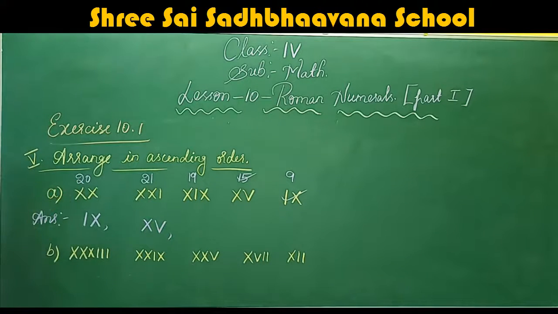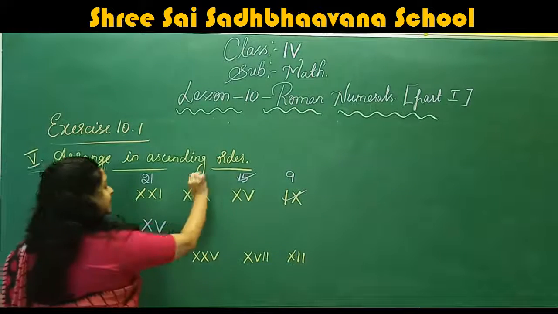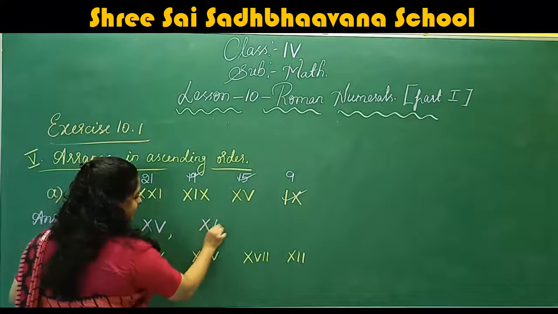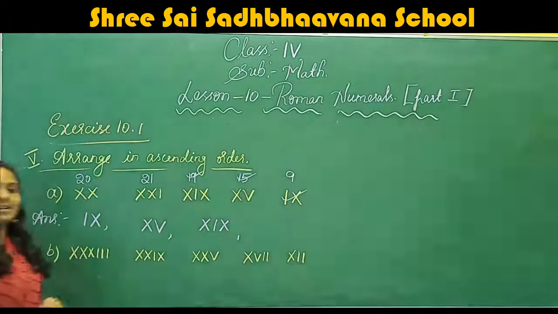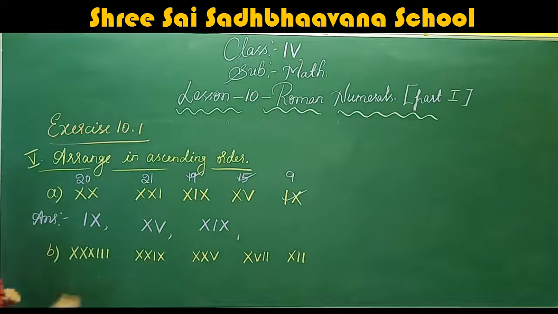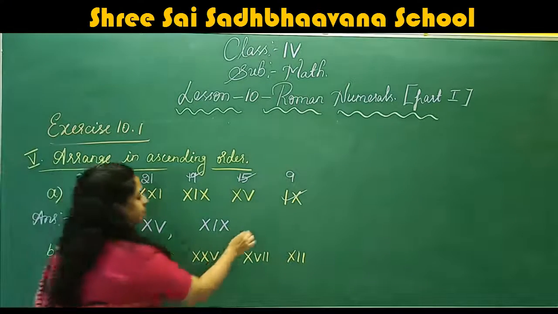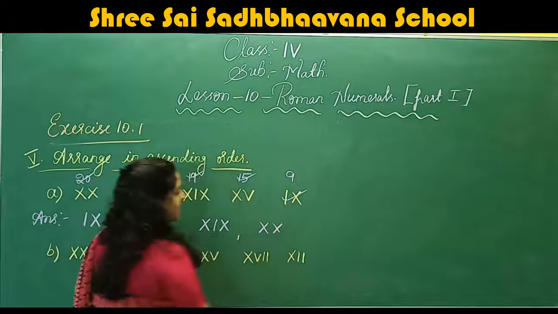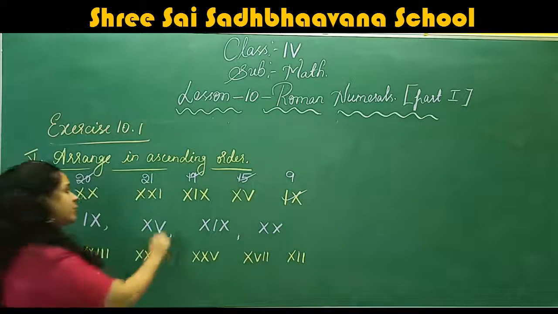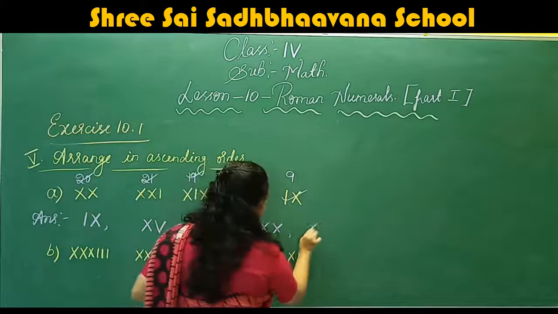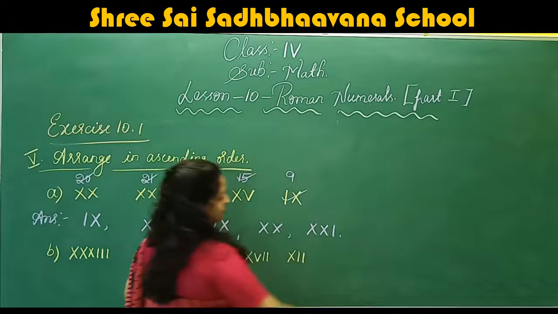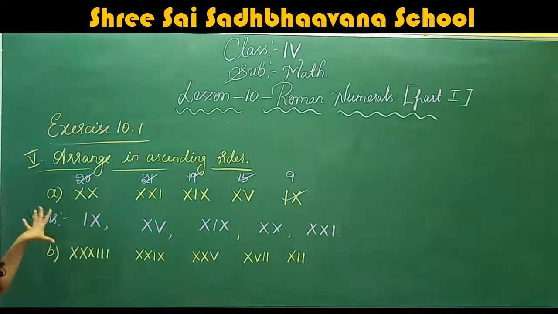After that, which number I have to write next? 19. Here I have 19. Okay? Then after that, 20. And finally 21. Okay? In this way we have to arrange the numbers in ascending order.